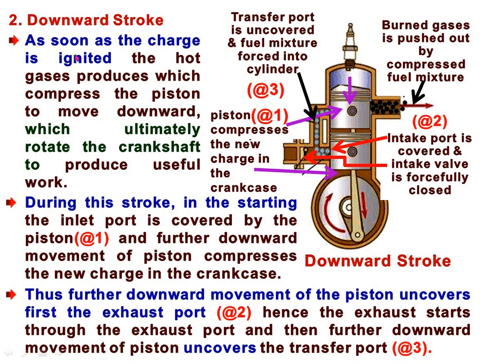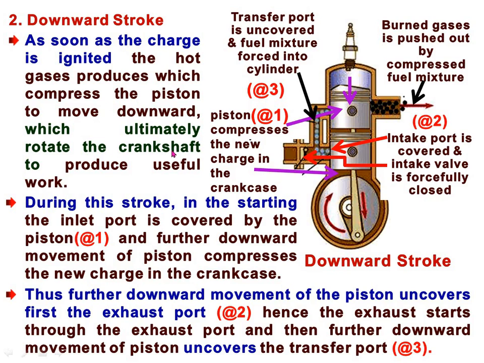As soon as the charge is ignited, at the end of the upward stroke when the piston reaches the top dead center, the hot gases produced push the piston to move downward. Here the charge is ignited by the spark from the spark plug, and hot gases are produced by the burning of the air fuel mixture, which forces the piston to travel downward.